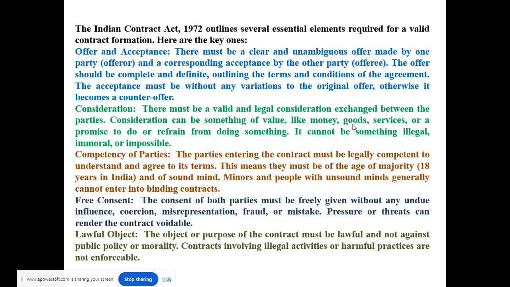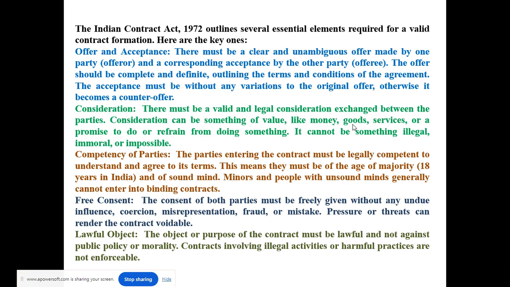Then consideration: there must be a valid and legal consideration exchanged between the parties. The consideration can be something of value like money, goods, services, or any promise to do or refrain from doing something. Then the competency of the parties: those entering the contract must be legally competent to understand and agree to its terms.